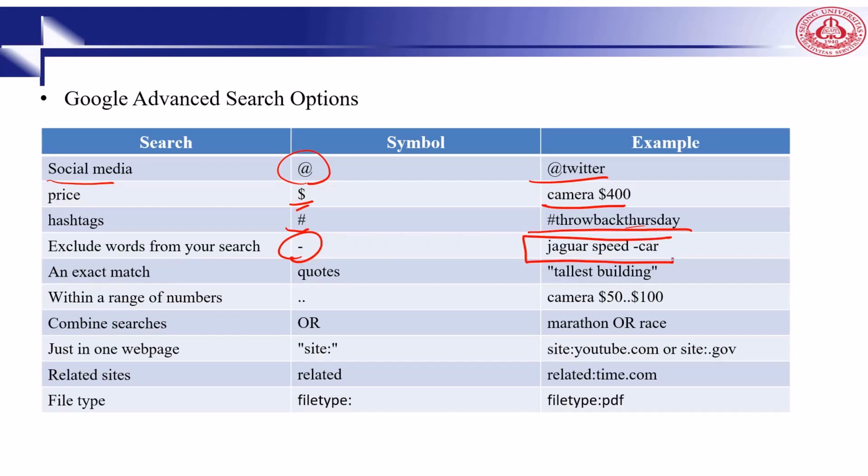This is a good example. If you search Jaguar speed, maybe it will give you Jaguar car speed, but you are looking for animal speed, then you say minus car, and only animal should be there. Or if you want to have an exact match, then you can go for quotation. It means those two words should be there together.